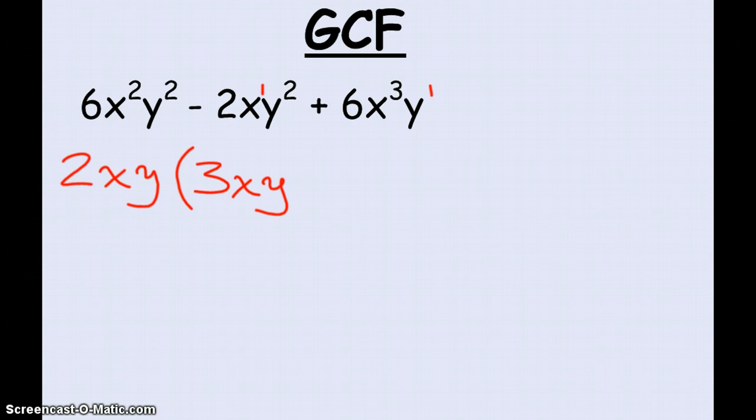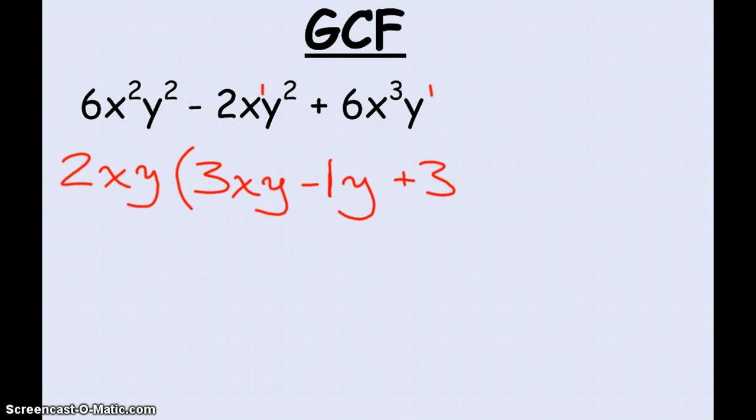We go to the next term. We had minus 2, we divided by 2, we're left with minus 1. We had x to the 1, we took an x to the 1 out, no more x's left. We go to our y, we had y squared, we took one y away, we're left with a single y. And now we go to our final term, 6 divided by 2, it's going to be a 3, so we say plus 3.